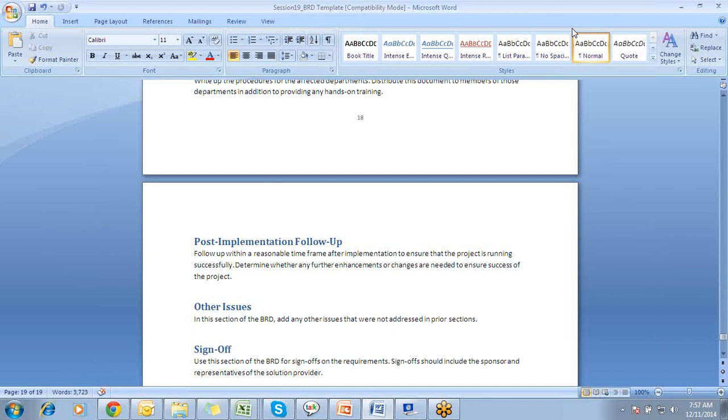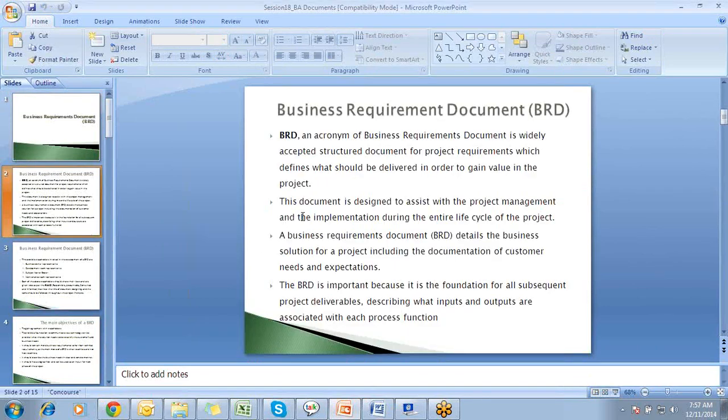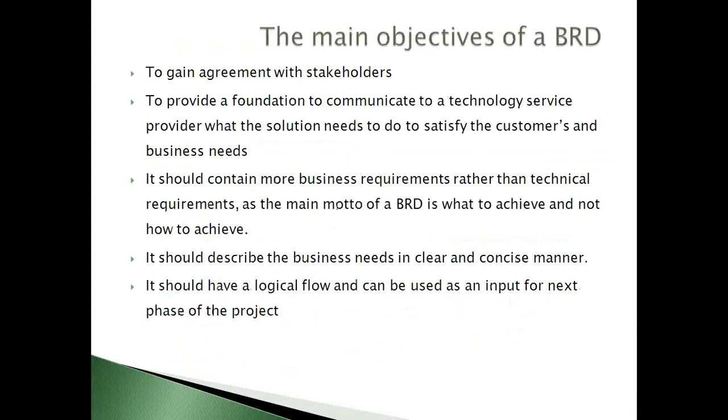Once again, try to understand this document by completing this session. Now we will discuss the next one, which is called the functional requirement document. We will have the second type of requirement document, called the FRD.